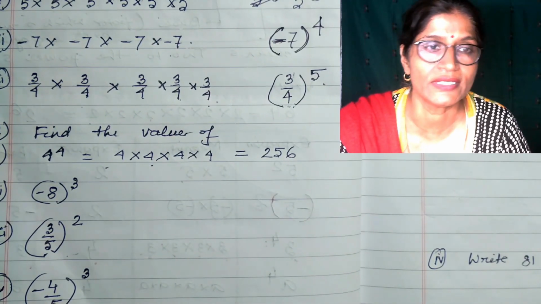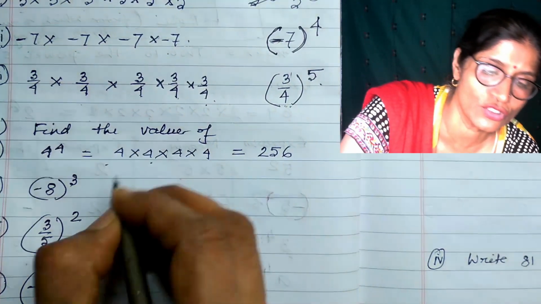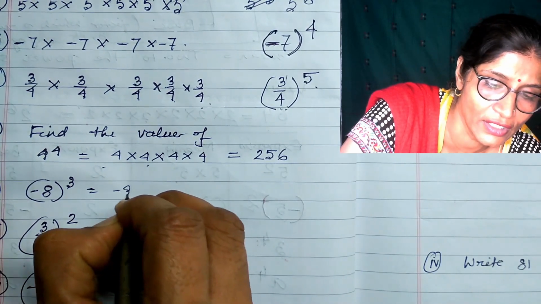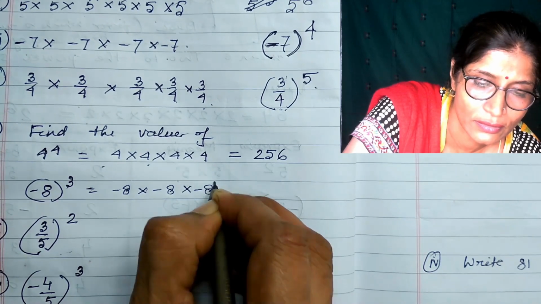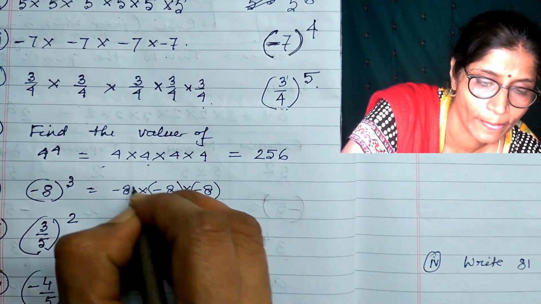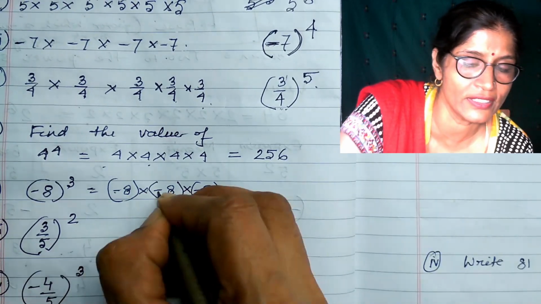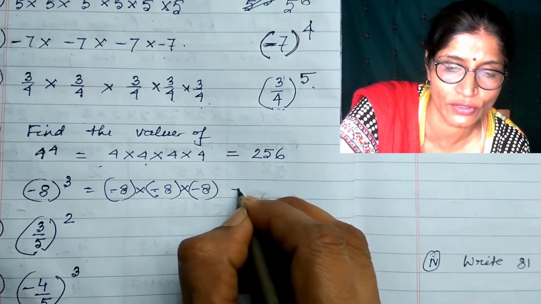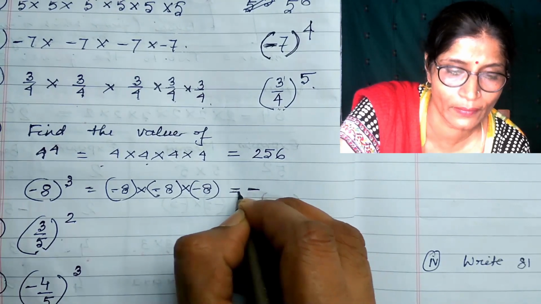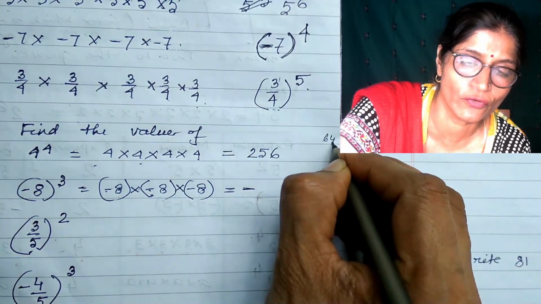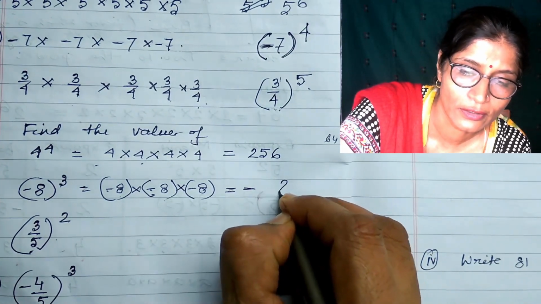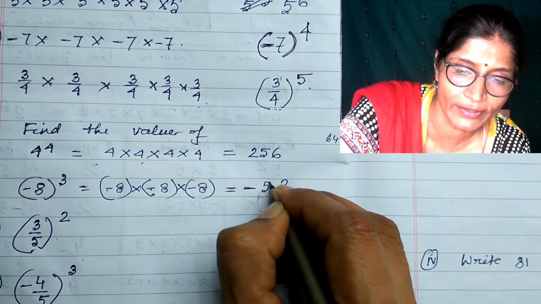Now next, minus 8 cube. Minus 8 cube means minus 8 into minus 8 into minus 8. So minus into minus is plus, plus into minus is minus. Okay. And 8 8s are 64, and 64 8s are 512.